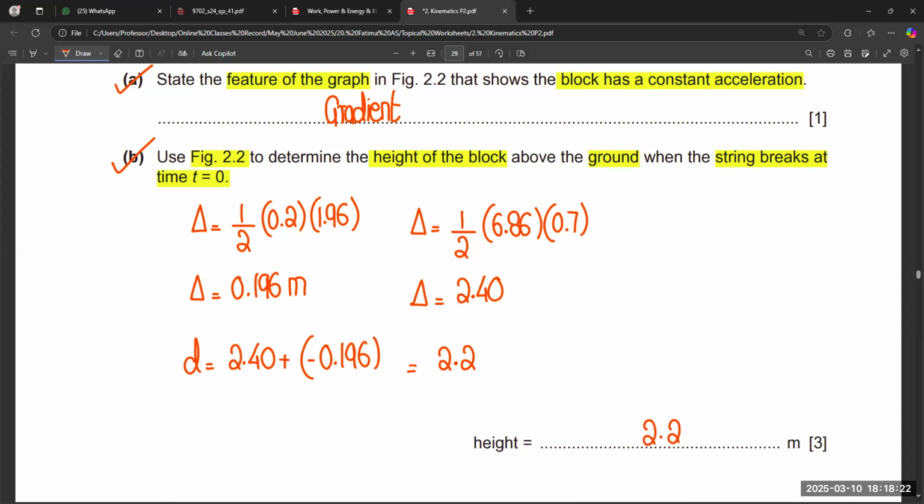So 2.2 meters is the height of the block above the ground when the string breaks at time t equals 0. Because in the question it is mentioned that the string breaks and the block still moves upward and then falls. So that's why we subtract here, because we need only the downward part, not the upward part, right?